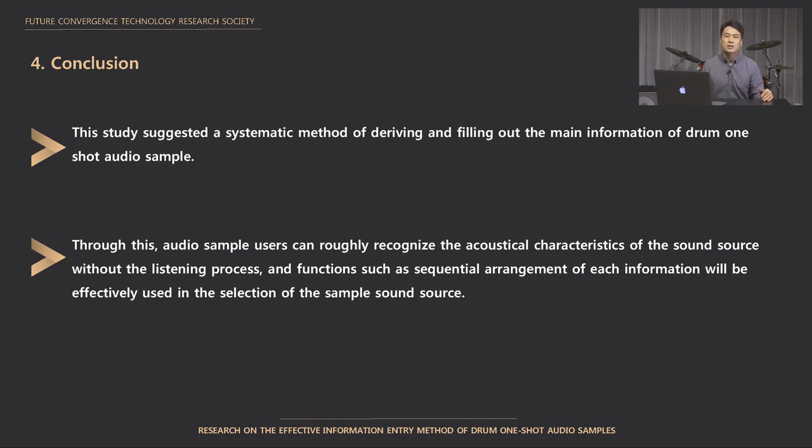And functions such as spatial arrangement of each piece of information will be effectively used in the selection of the sample sound source. We hope this study will reduce the working hours of music production efficiently, and we hope that the producers who produce audio samples will also use it actively.